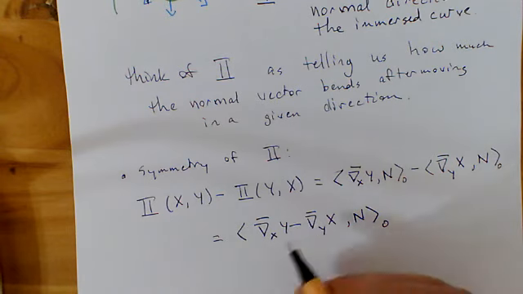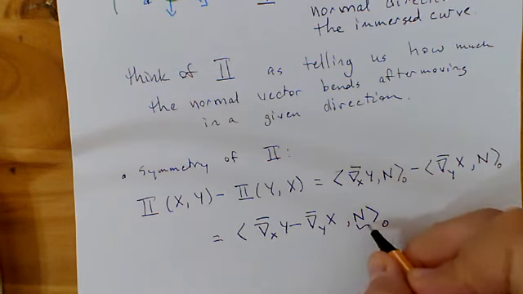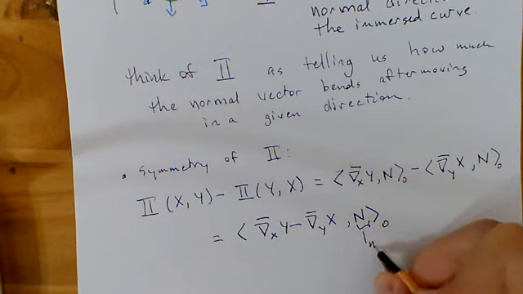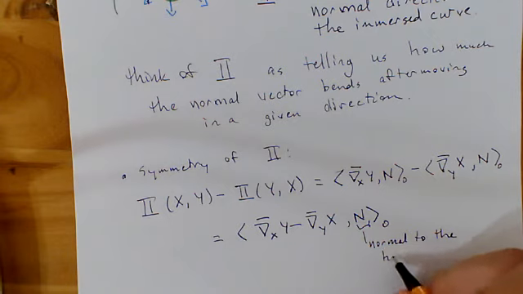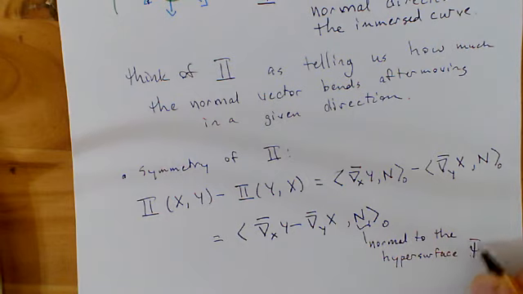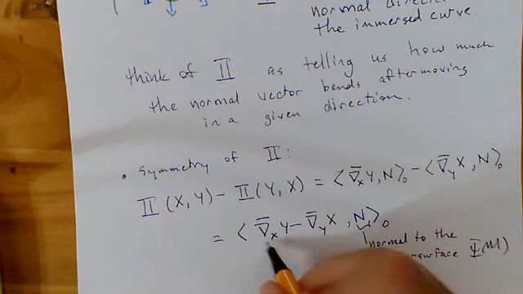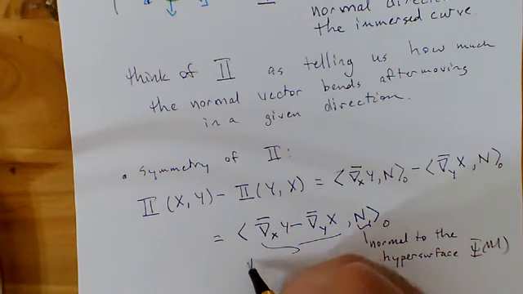And let's look at what we have here. This guy here is normal to the hypersurface. But this guy here is tangent.